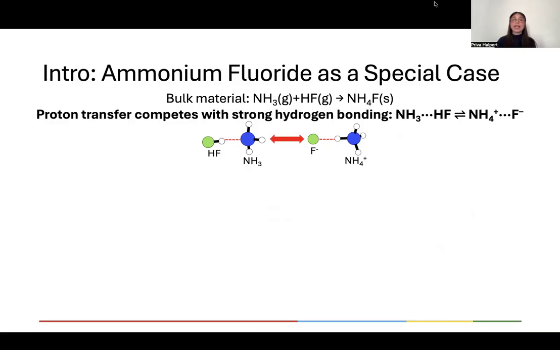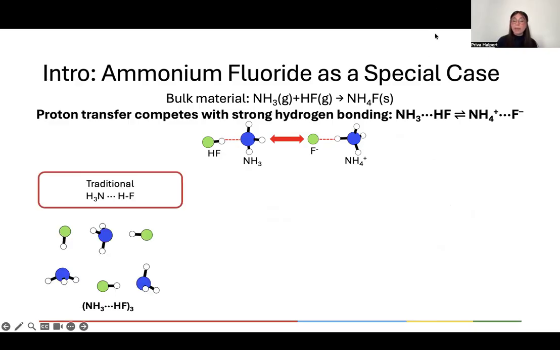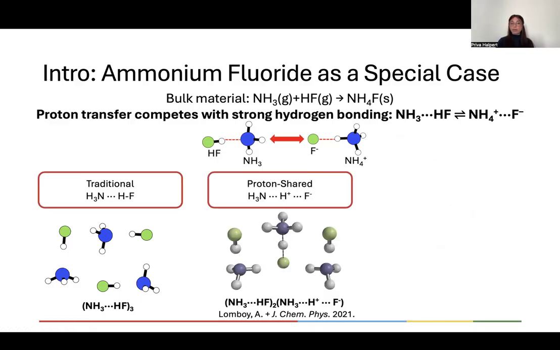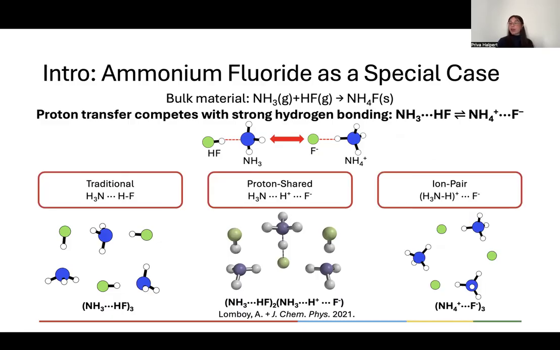Traditional, in which we have traditional hydrogen bonding and everything retains its original molecular form; a proton-shared type of hydrogen bonding in which one proton or more is shared between an ammonia and a fluoride between the two of them; or an ion pair conformation in which all of our protons are completely transferred to the ammonium. This is very unique because other ammonium halides do not exhibit this trend of also including a proton-shared motif.